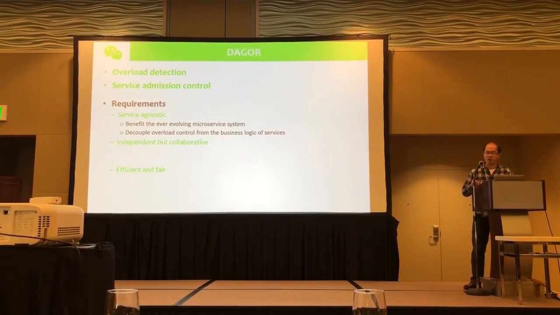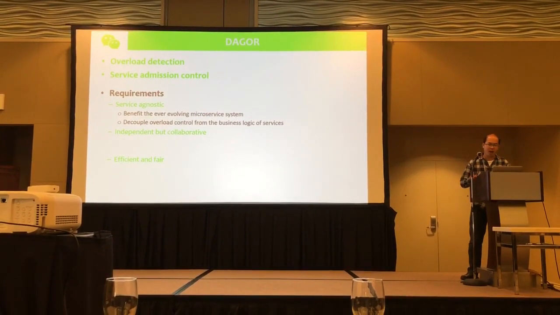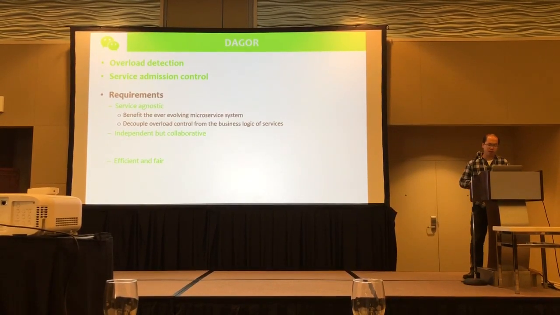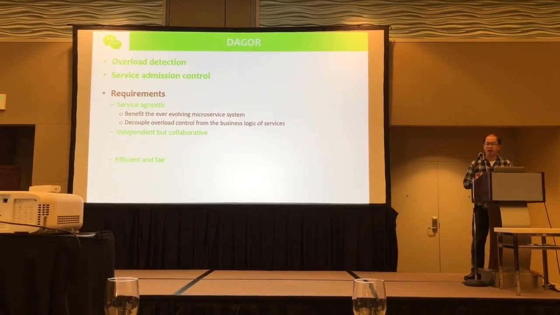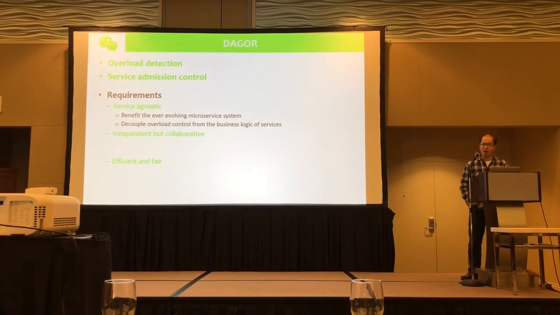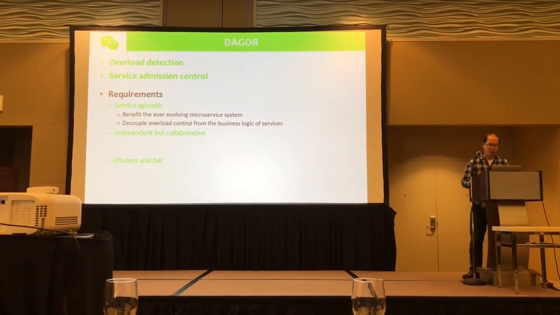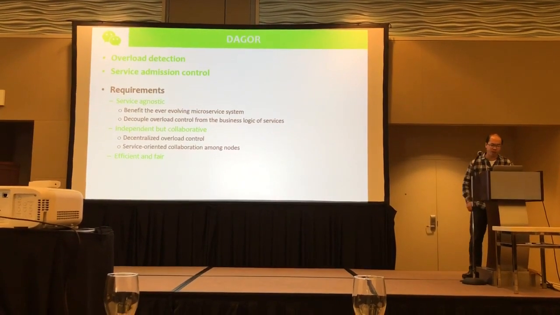A lot of new services go online and new configurations need to be updated every day. This also benefits the system by decoupling overload control from the business logic, so that our overload control framework can scale to more microservices.